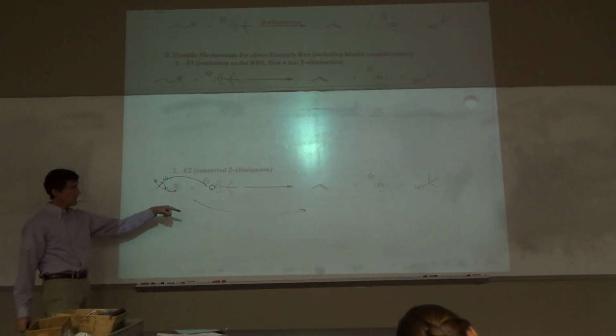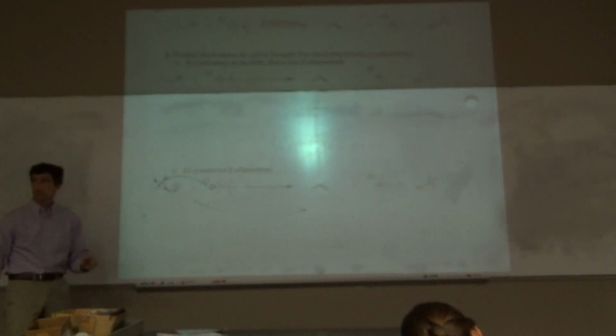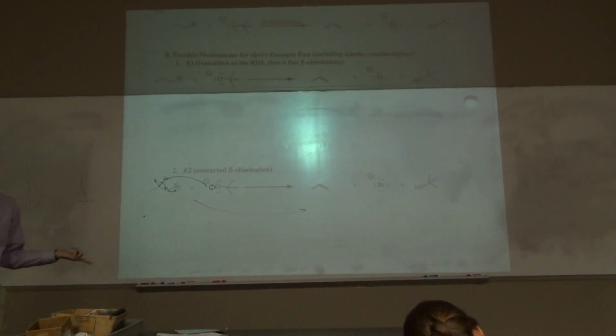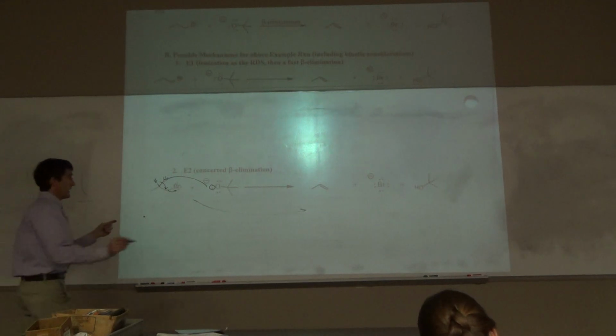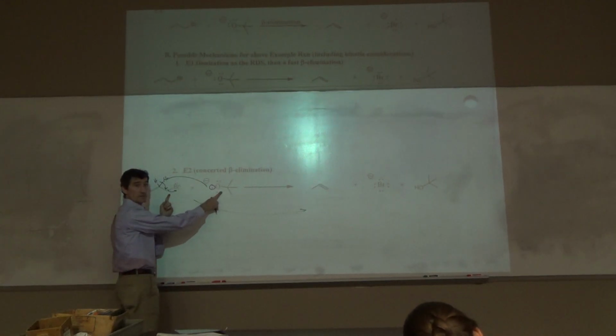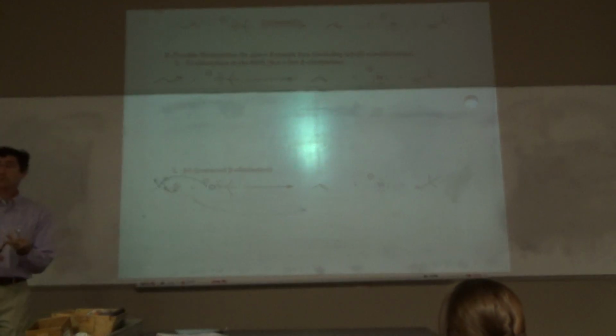How many steps in this elimination mechanism? One step. One concerted step. Which step is the rate determining step? That one. Are both of these involved in the rate determining step? Yes. It's an elimination with two things involved. We call it E2.